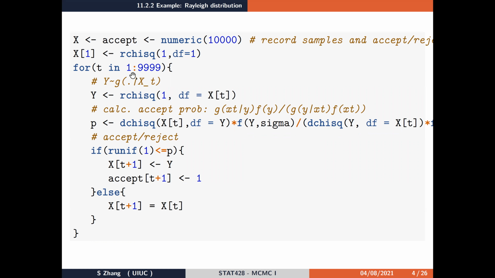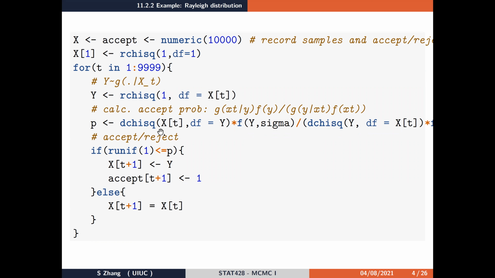For each subsequent case, we will first generate a y from the chi-square distribution with degrees of freedom equal to the last iteration of x. And then we will calculate the probability of acceptance.